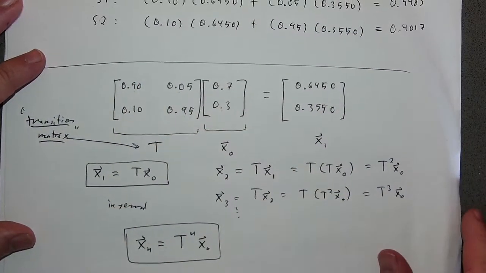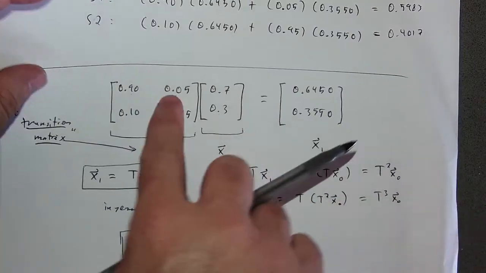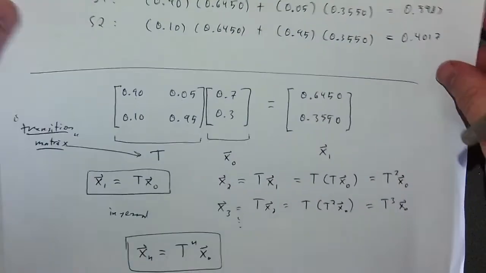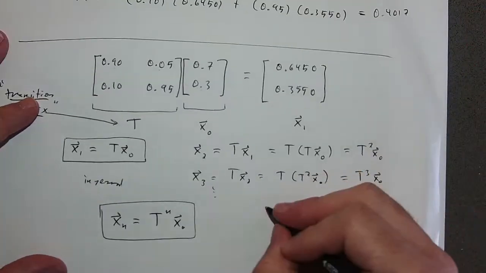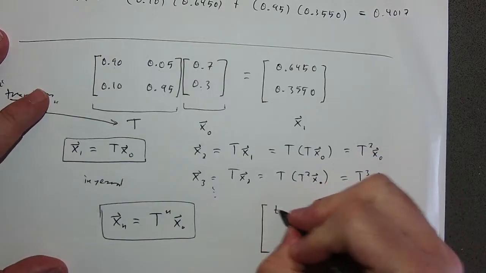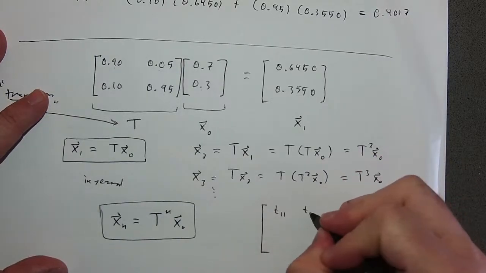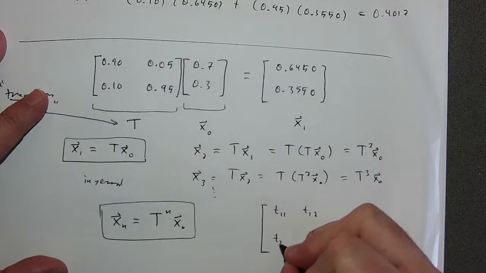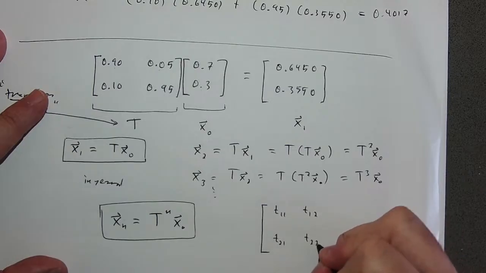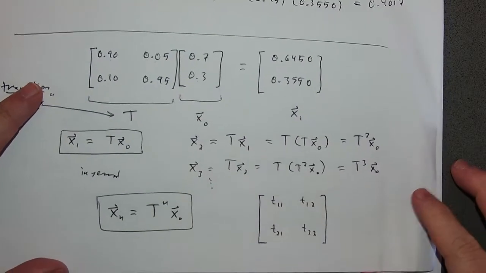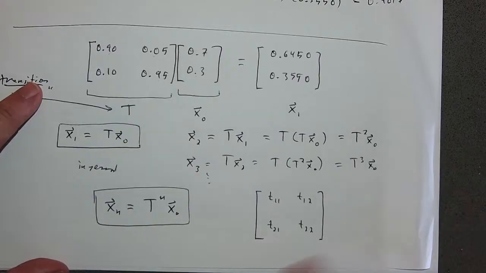So maybe it makes sense to write the following thing here. I have room. So this can be rewritten as T sub 1,1, T sub 1,2, T sub 2,1, and T sub 2,2. What does T sub 1,1 mean?